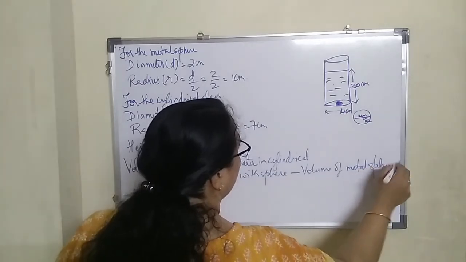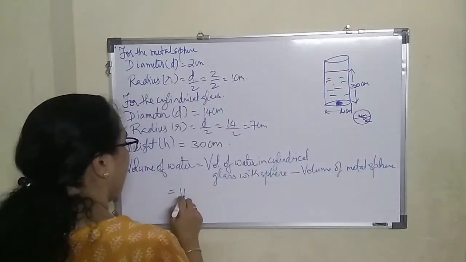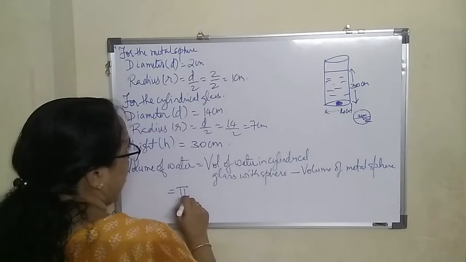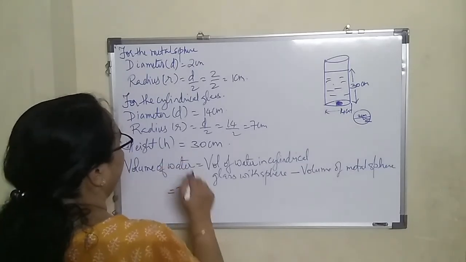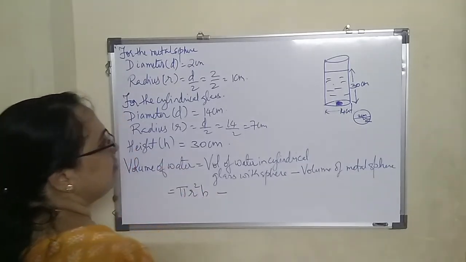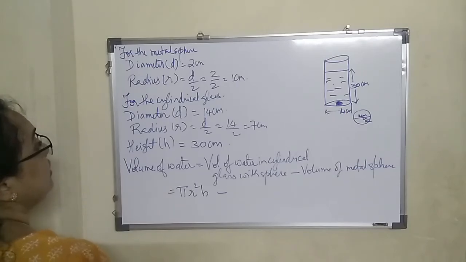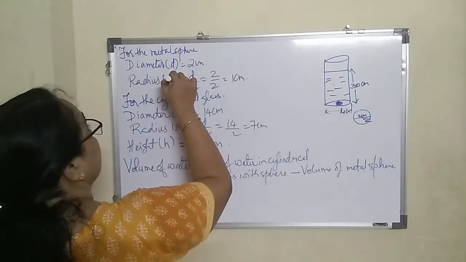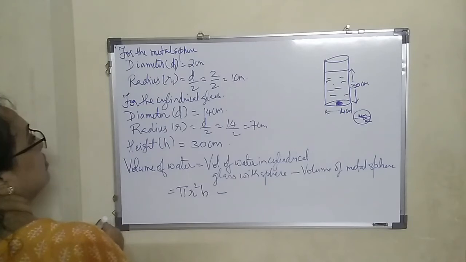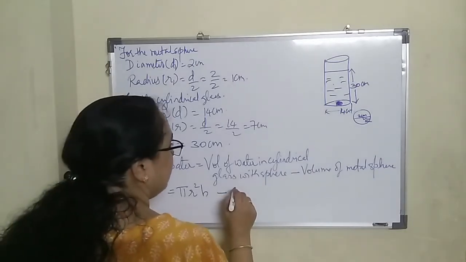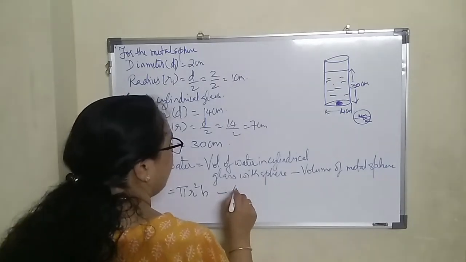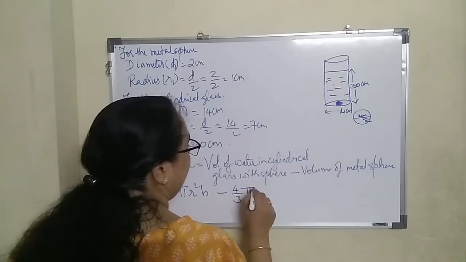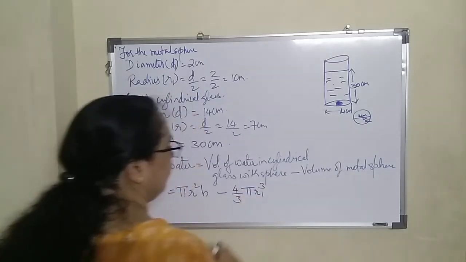So what are the formulas involved now? Pi R square H minus, we have two different R, so we will take for this as R1, so minus 4 upon 3 pi R1 cube.